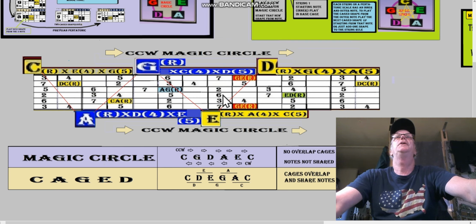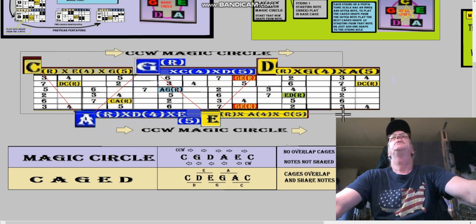I just drew enough so that we could explain that CAGED goes like this with the red lines, and the magic circle goes like this.